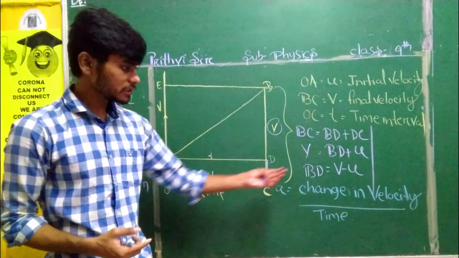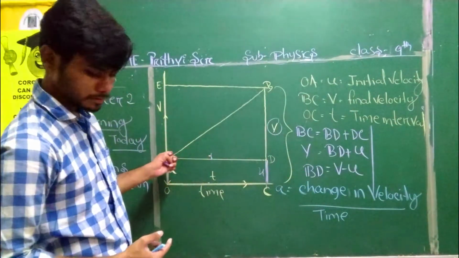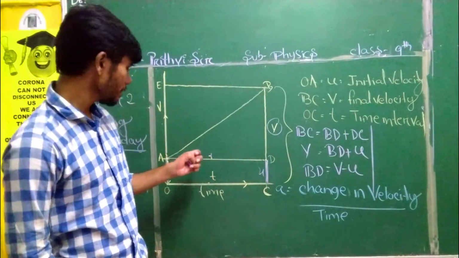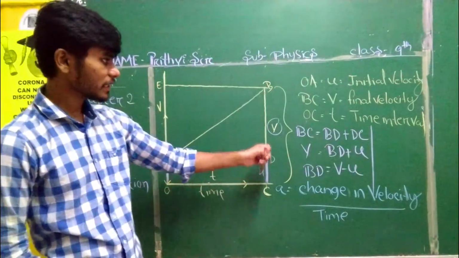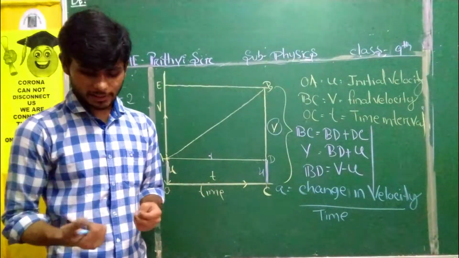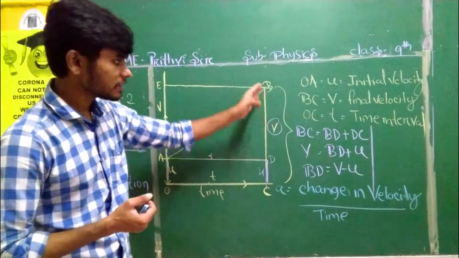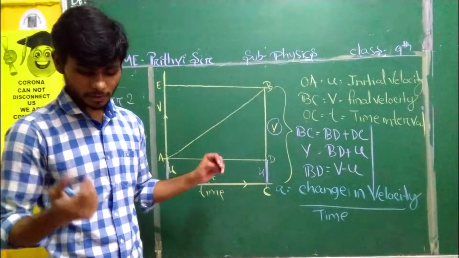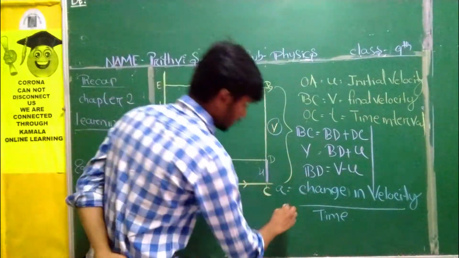Then here change in velocity stands for whom? BD by AD. If you are giving BD by AD, that will be giving us acceleration. See, simple. BD stands for change in velocity, and AD stands for change in time.